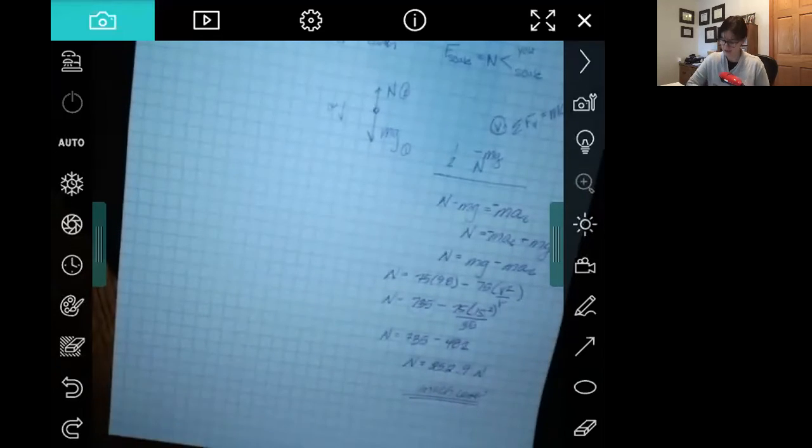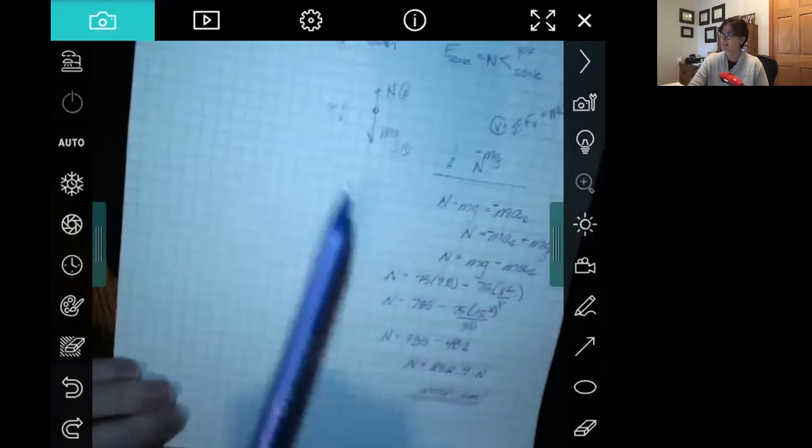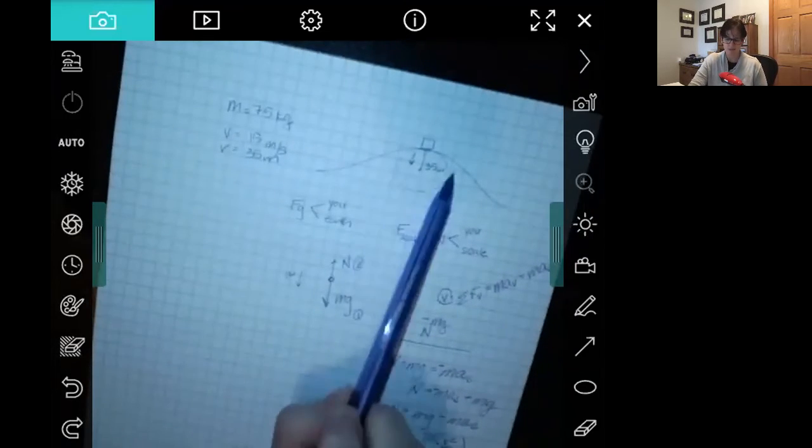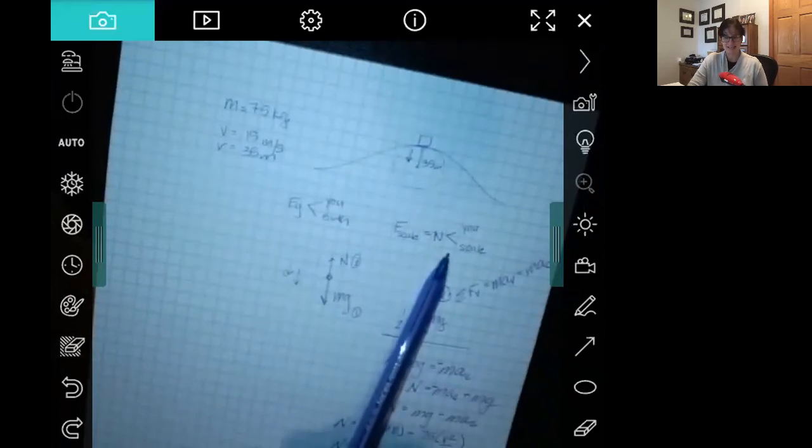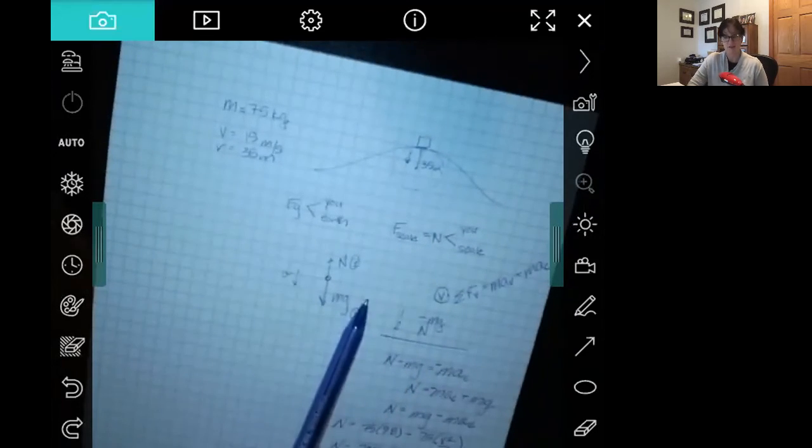So that feeling of lightness sure is a feeling of lightness. The feeling we feel is really how we are interacting with that scale. Okay, so going back up here, recognizing that we are in circular motion, we identify the forces interacting on the object, you, and draw our free body diagram. That's standard practice.